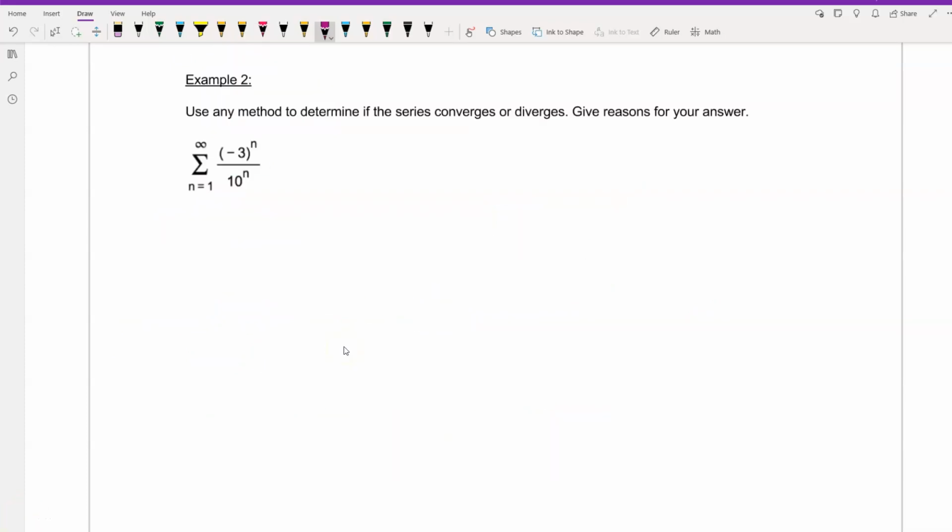Use any method to determine if the series converges or diverges. So here we have (negative 3) to the nth power divided by 10 to the nth power. Let a_n equal (negative 3) to the nth power divided by 10 to the nth power.